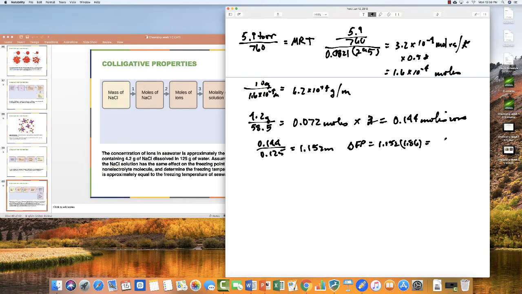And that is going to be 2.14 degrees centigrade. The freezing point of water is 0. Subtract 2.14, and so it's going to be minus 2.14 degrees centigrade. We have 2 significant figures, so minus 2.1 degrees centigrade would be our answer.